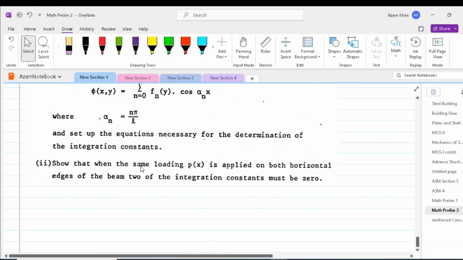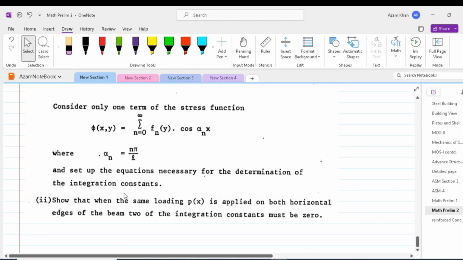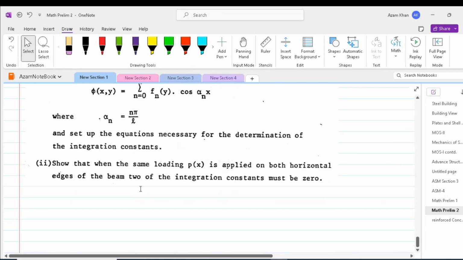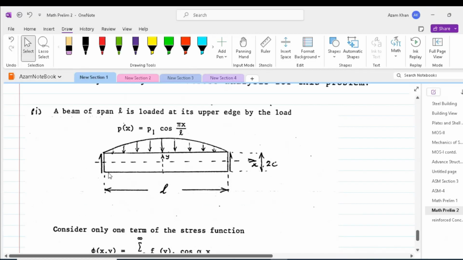In part 2 of this question, we are asked to show that when we apply a similar load at the bottom, then two of the constants of integration would come out to be 0. And let us see how we get 2 of our constants equal to 0. If we place another load at the bottom, which is opposing the top load, that would mean the fiber associated with the x-axis will remain straight.